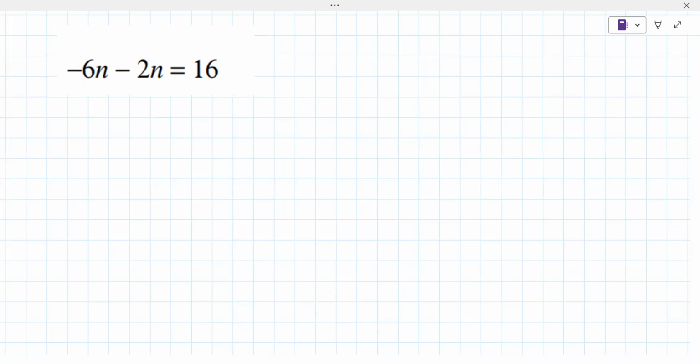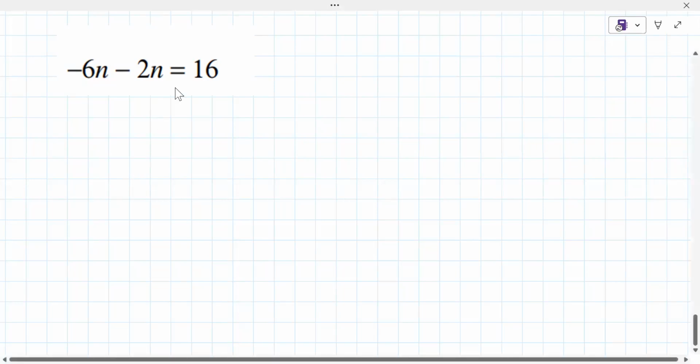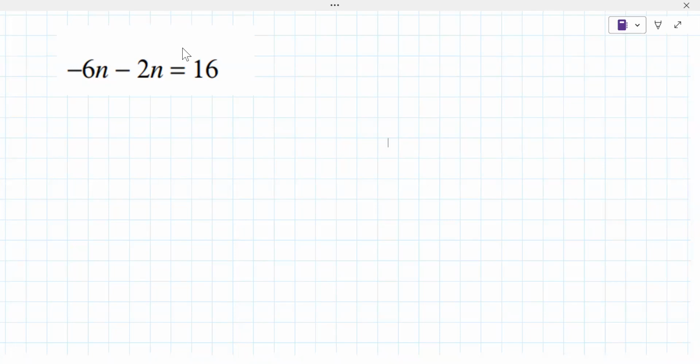So it would be just n equals -2. So it's minus 8n equals 16, divide both sides by minus 8, and n equals -2.